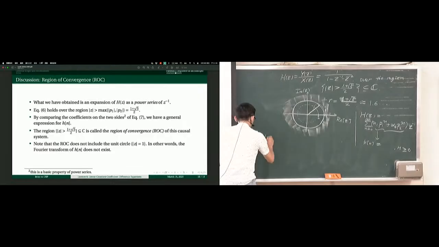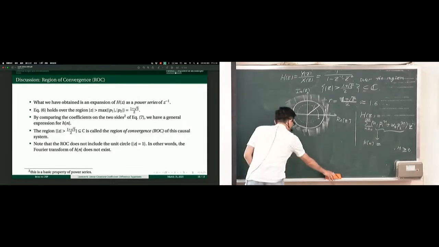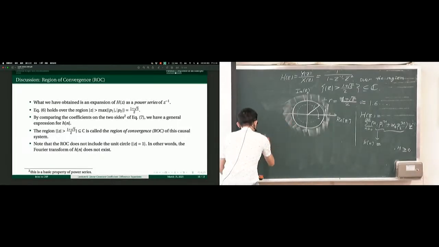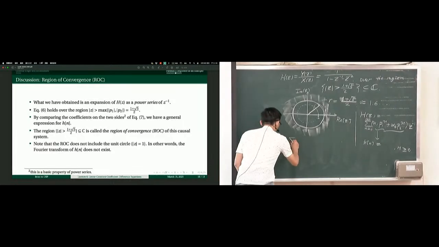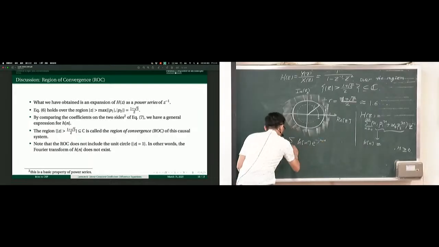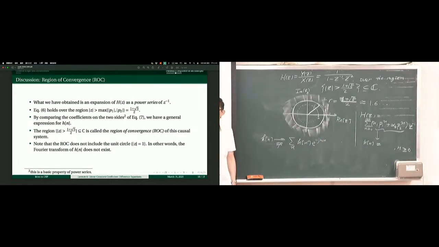Remember that? When we have the impulse response, its Fourier transform is the DTFT. It's defined as h of n e to the minus j omega n, summation over all n. That's the definition of DTFT.